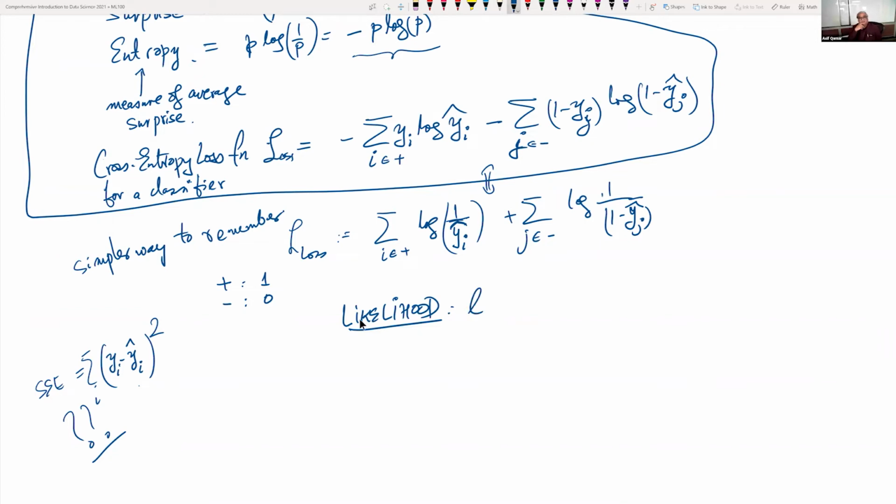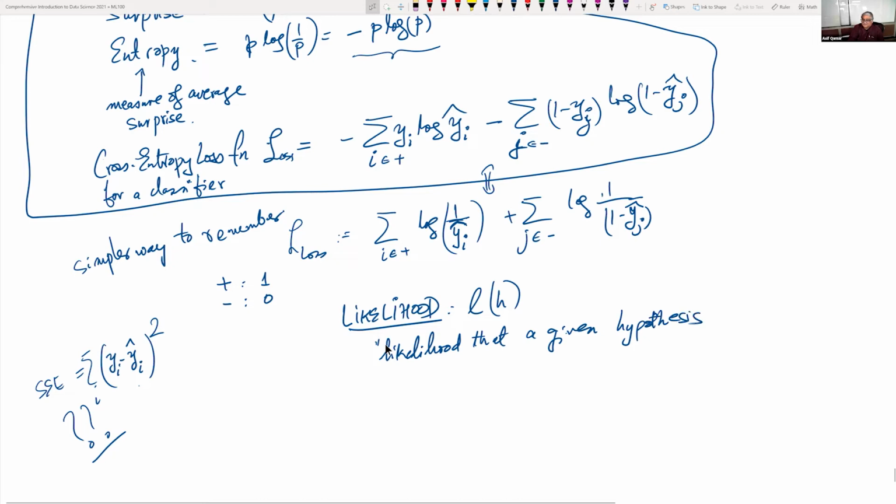Likelihood is given by the symbol L. It is the likelihood of a hypothesis producing the evidence, namely the data. In simple terms, the data. So I'll give you an example.